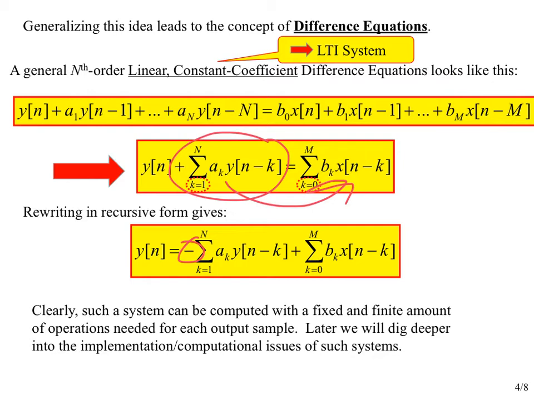To compute y of n for a given n, we would need to do n multiplies and n minus 1 additions to compute this first term, and then an additional m plus 1 multiplies and m additions to compute the second term, and then one more addition to add the two terms together.